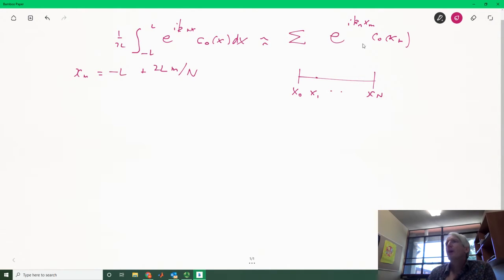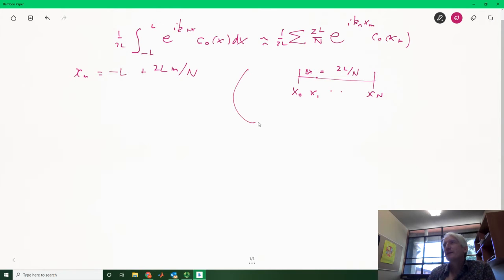And then we've got to multiply it by the delta x. What's the spacing here? That's delta x, which is equal to 2L over n. So that's 2L over n, and then of course we divide by 2L out the front.